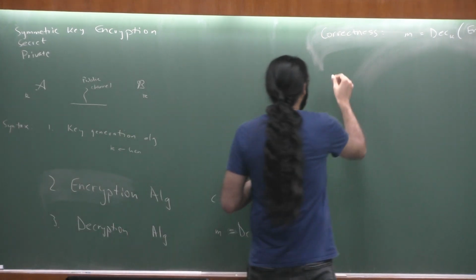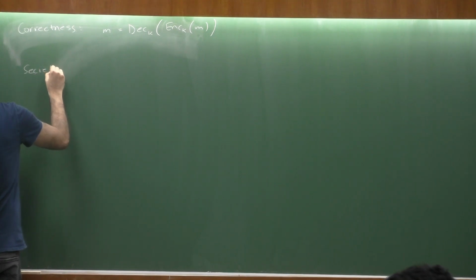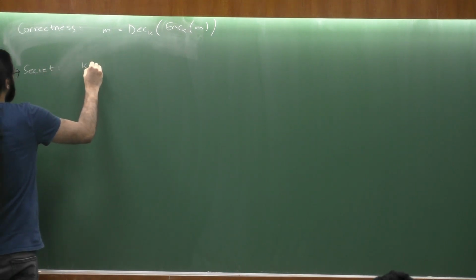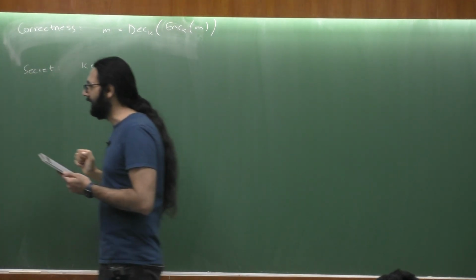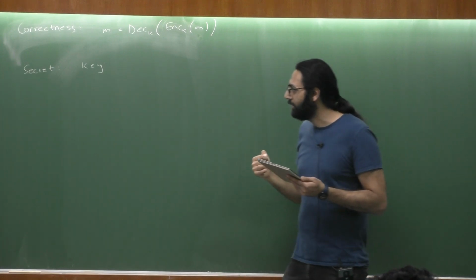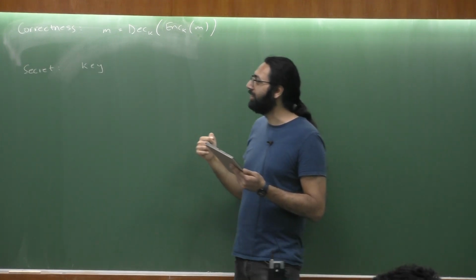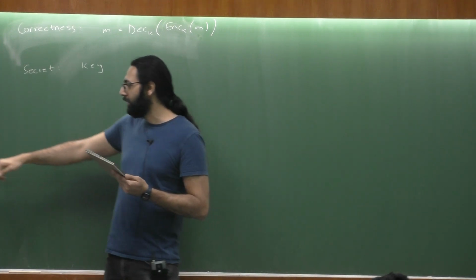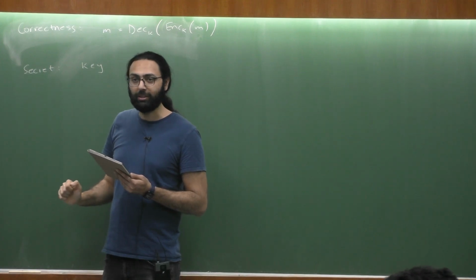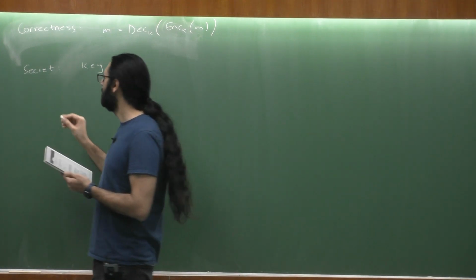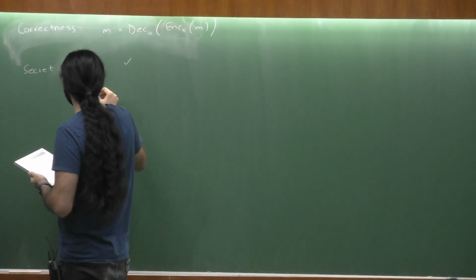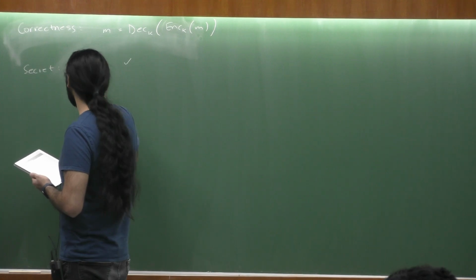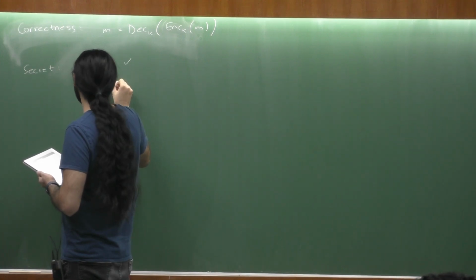So what do we want to keep secret? We do want to keep the key secret. Somebody had suggested last time, and it's maybe not evident the first time you look at it, whether we want to keep the description of the algorithms also secret. The question is, do you keep Gen, Enc, and Dec also secret?